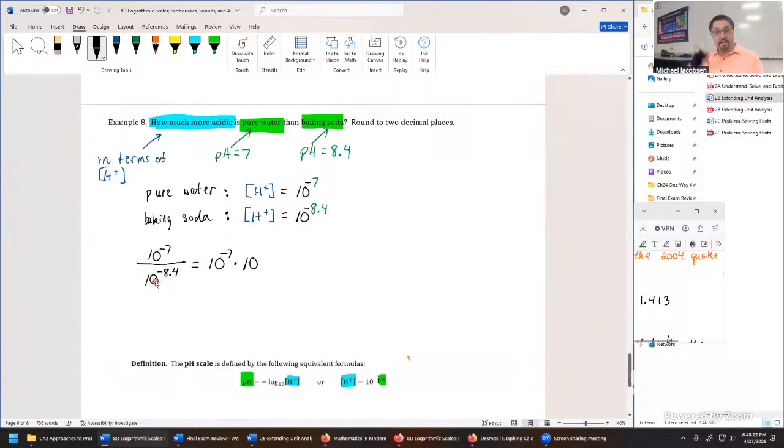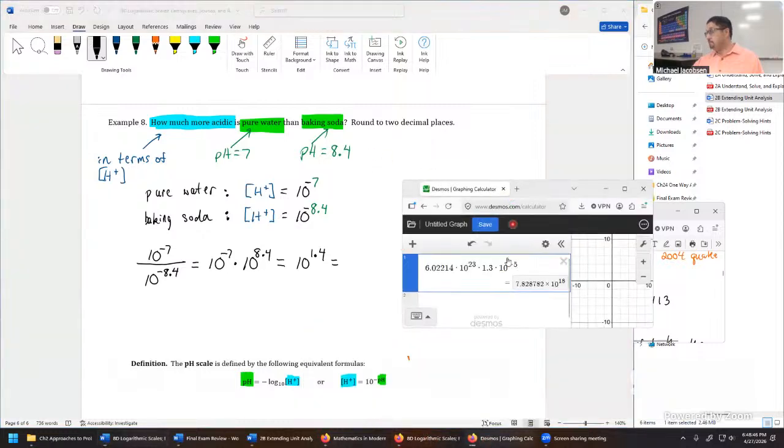This in the denominator we can bring up now into the numerator, force the exponent positive. So now it's 8.4. In this configuration, the exponents would add together. That means it'd be an 8.4 minus 7, or a 10 to the power of 1.4, and that's what we're throwing into our calculator. To 2 decimal places, 10 power of 1.4 is 25.12.